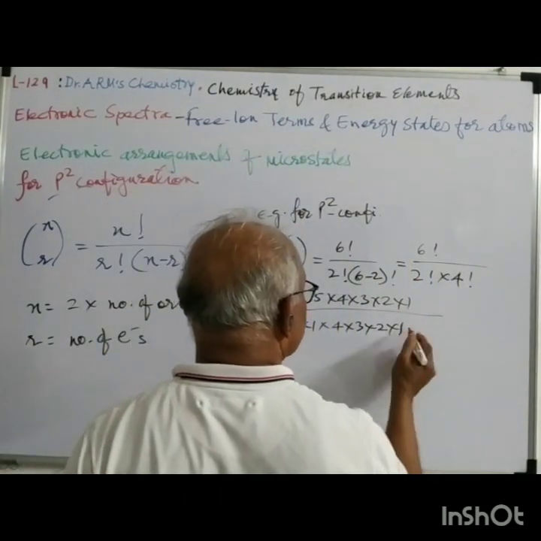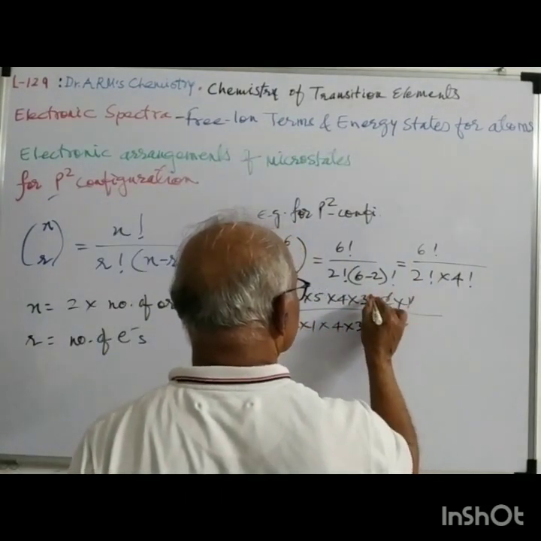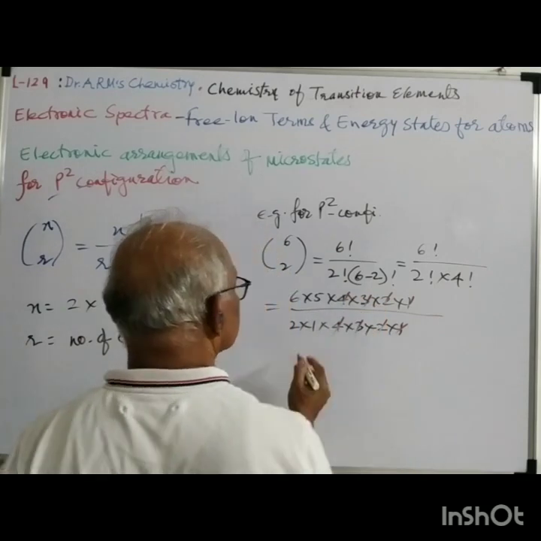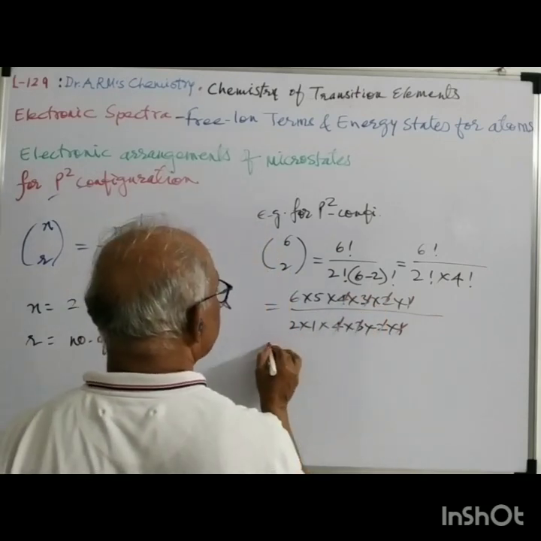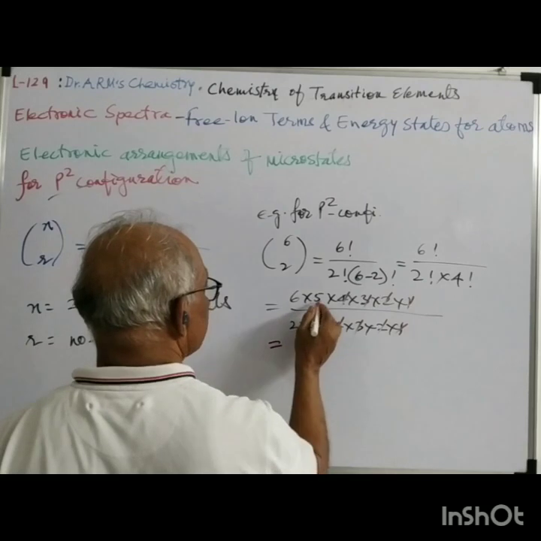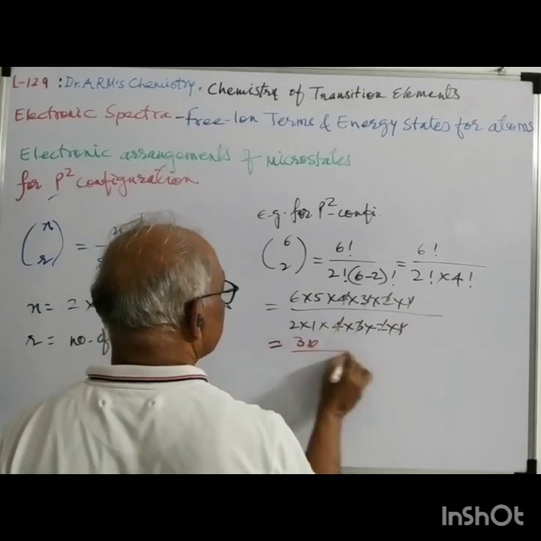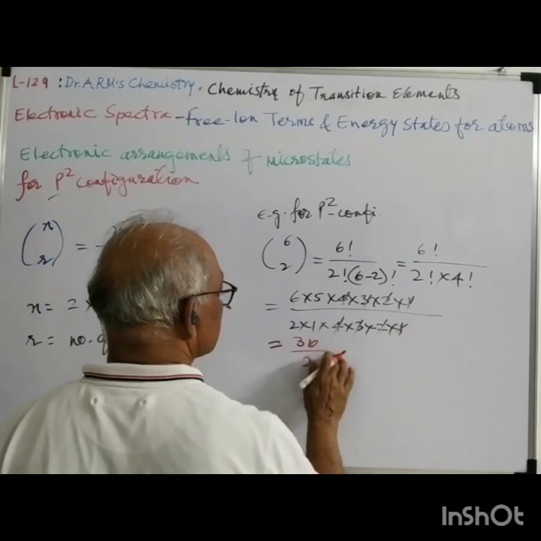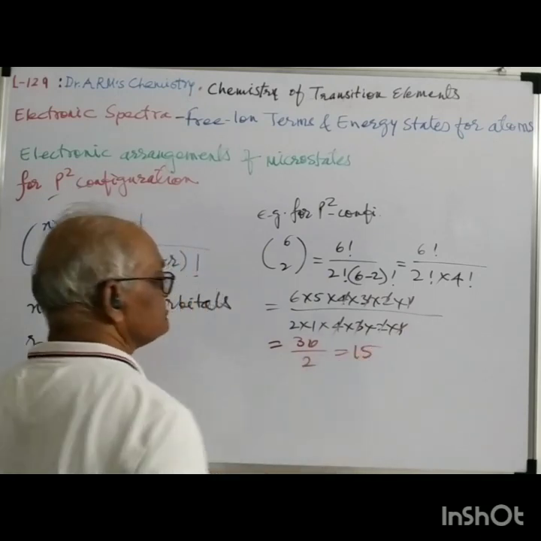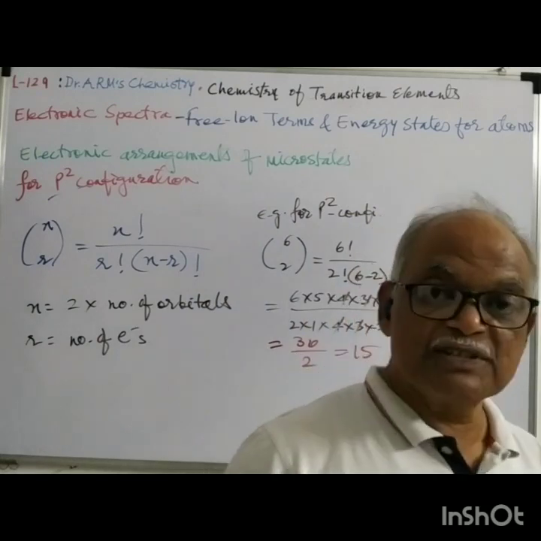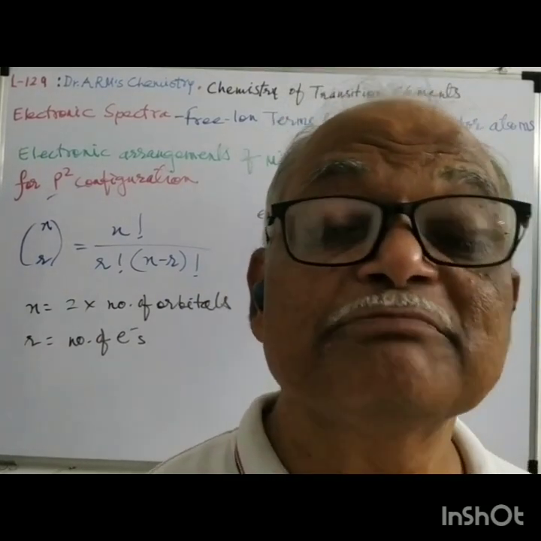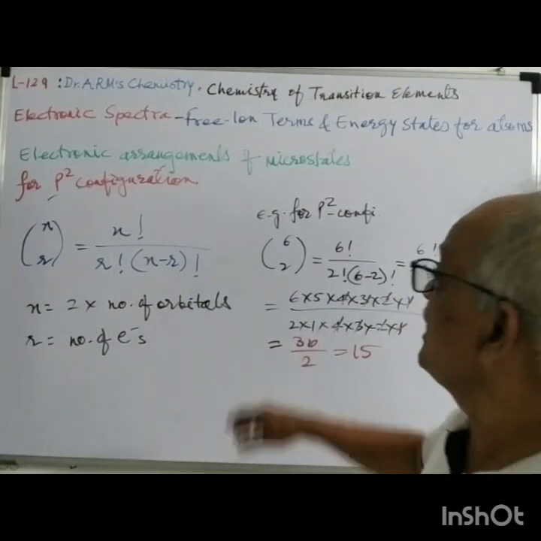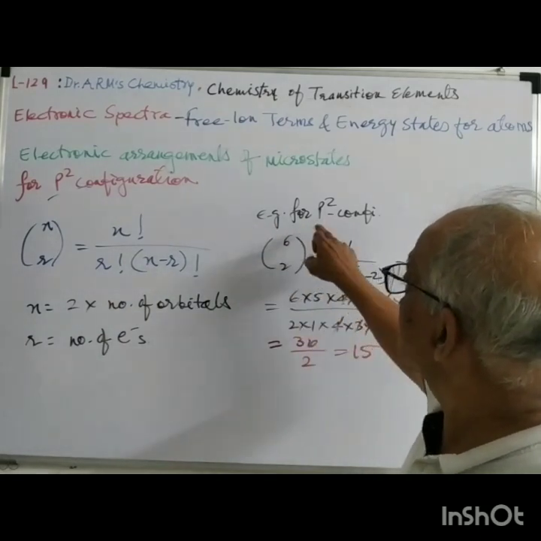By cancelling these terms, we will have 6 into 5, that is 30, upon 2 into 1, which means 2. So this gives us 15. So this gives the number of microstates for a specific configuration.